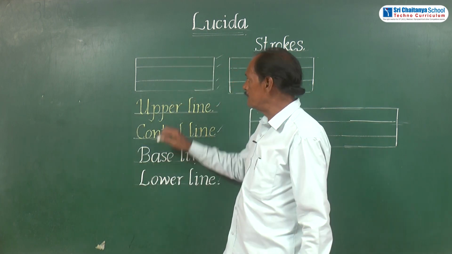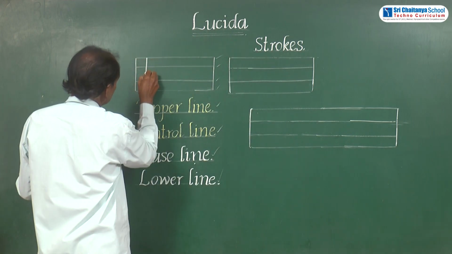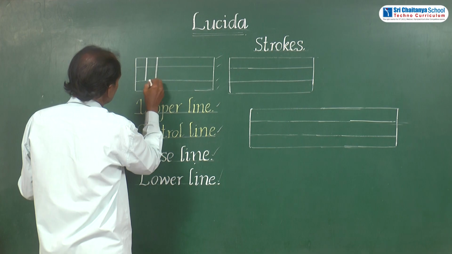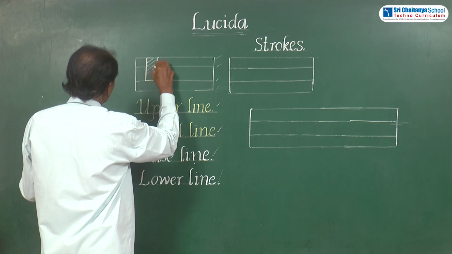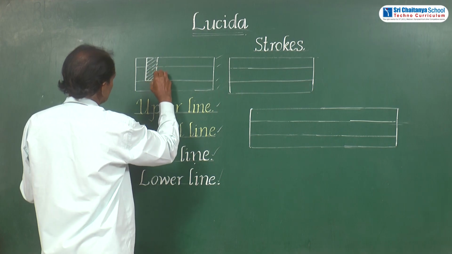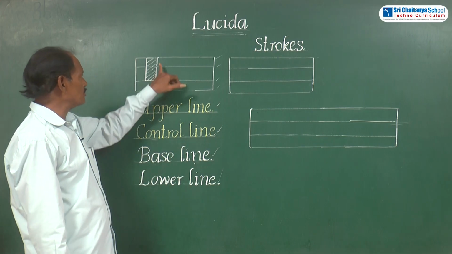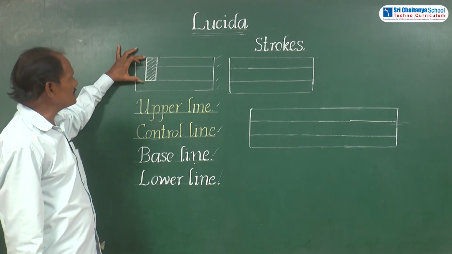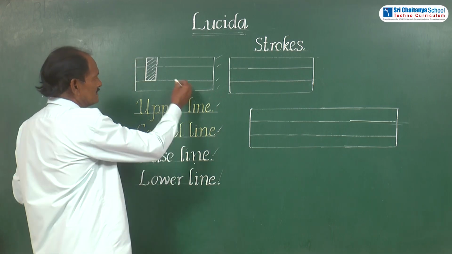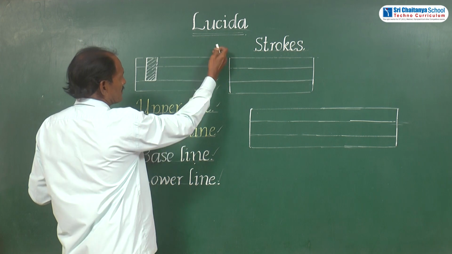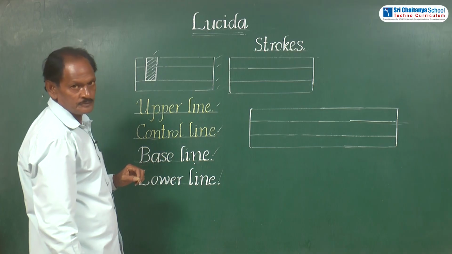Upper zone means the letters which are written among the first 3 lines are known as the upper zone letters, because this space is laid in the upper part of this 4 lines pattern. That is why this zone is known as the upper zone.